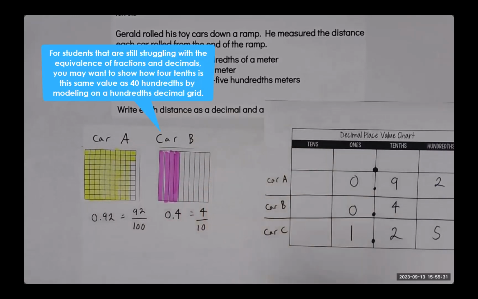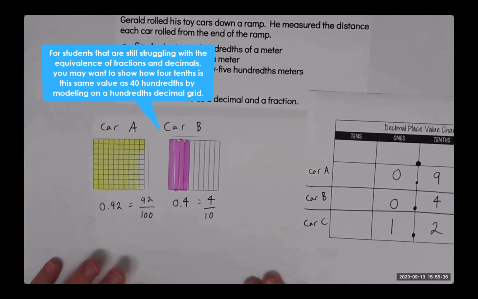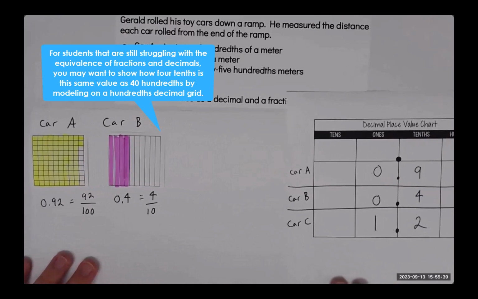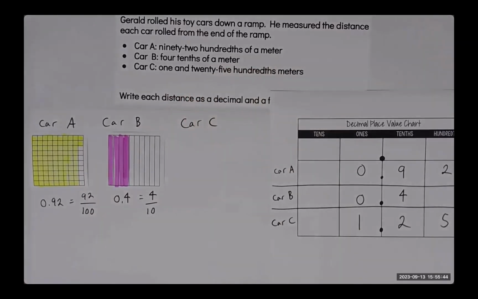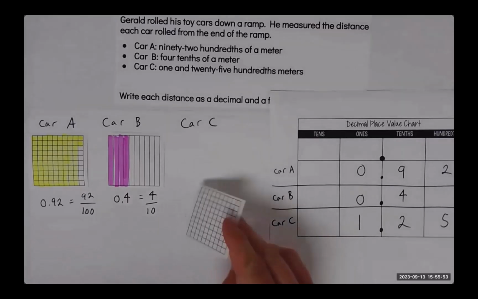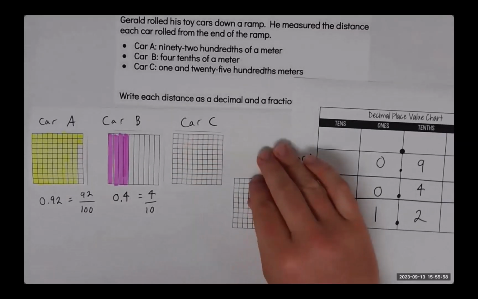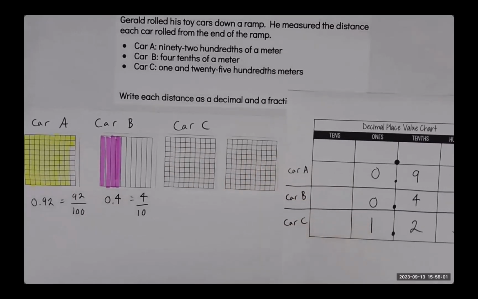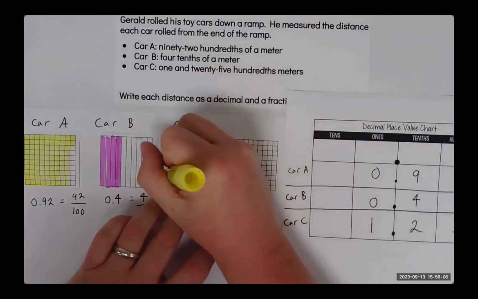Now for car C, it traveled 1 and 25 hundredths. So for 1 and 25 hundredths, that means we are already beyond 1 whole. So I will need 2 decimal grids to model this. So I'm going to put down 2 decimal grids that are decomposed into hundredths. I'm going to need to shade in 1 whole decimal grid.